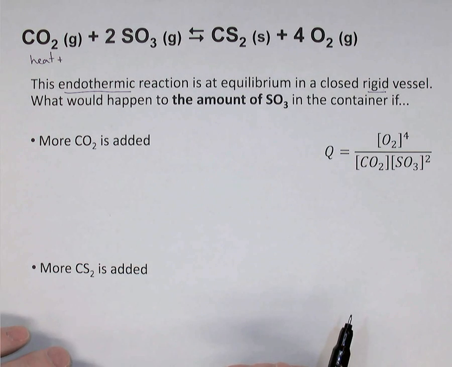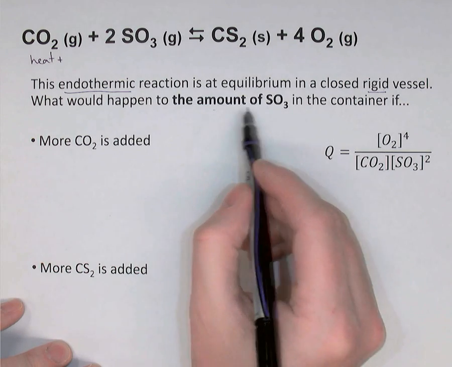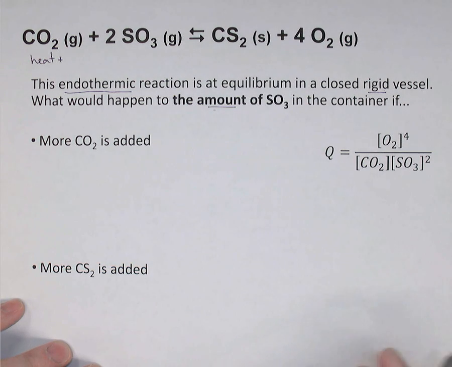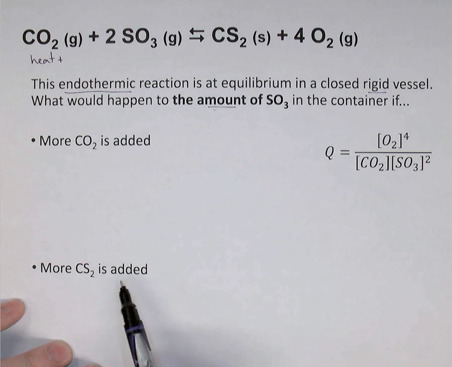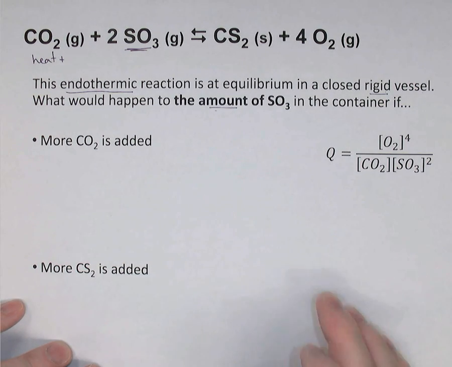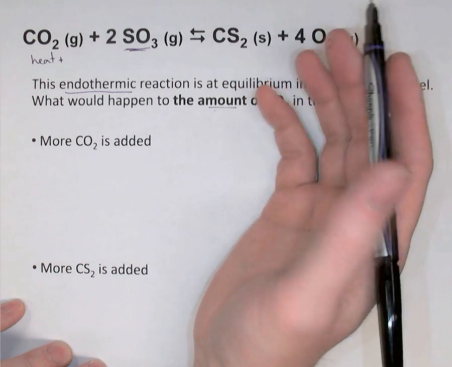The volume is constant. Now the question is going to ask us to focus on the amount of SO3. Notice the word amount. So the moles, the mass of SO3. What's going to happen to that if we perform these various stresses? Well, we notice that SO3 is here on the left-hand side of the equation. So what would make the SO3 increase?